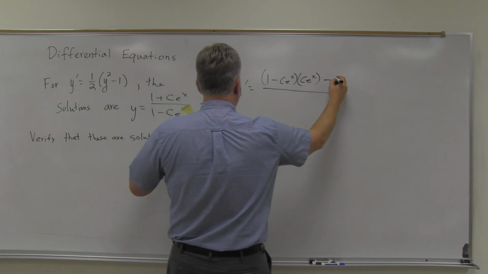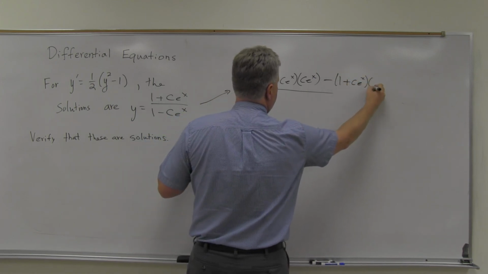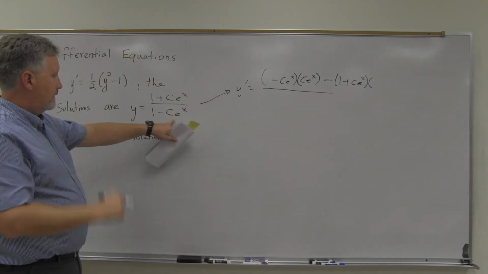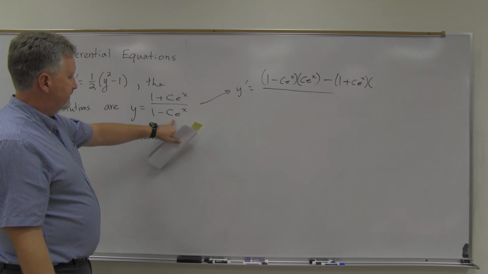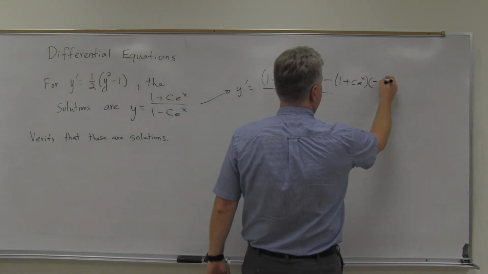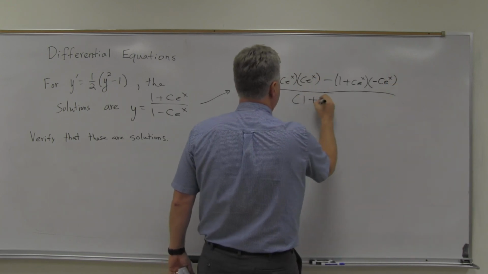Minus then high, 1 plus c e to the x, times the derivative of the low. The derivative of 1 is 0, and the derivative of e to the x is e to the x, so it's just minus c e to the x. And all that over low squared.